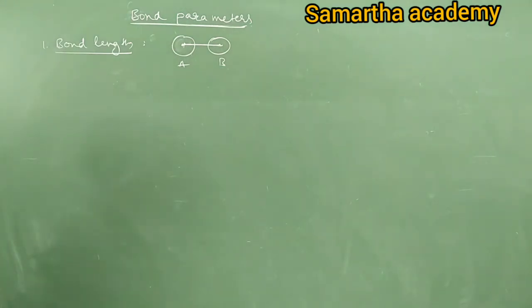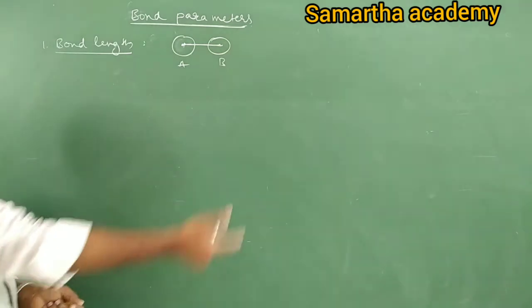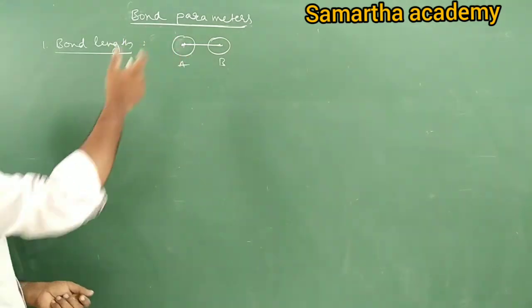What is the atomic radius? Half of the internuclear distance is the atomic radius. The internuclear distance is nothing but the bond length.